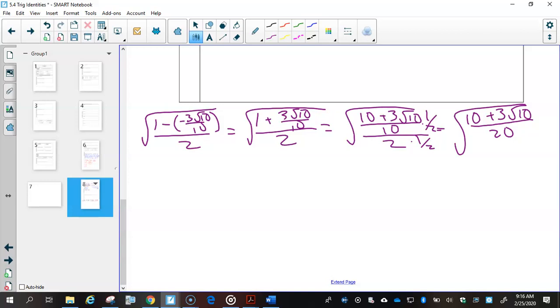Just as we did before, I do want you to simplify your denominator, but you don't need to rationalize it, because that would become very complex very fast. So you end up with the square root of 20. The square root of 20 simplified is what? Sorry. 2 root 5.